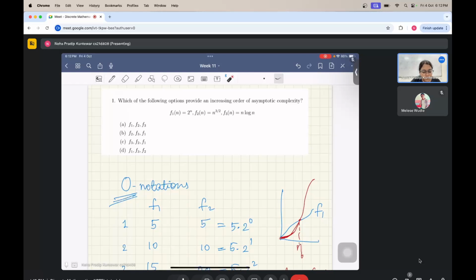Having defined that, you're given three functions. f1 of n is an exponential function, it takes the value 2 to the n. f2 of n is a polynomial function which is n to the 3 over 2, and f3 of n is defined as n log n. You want to compare them asymptotically. In terms of order notation, which one is bigger than the other? Can you maybe take a couple of minutes and try this out?